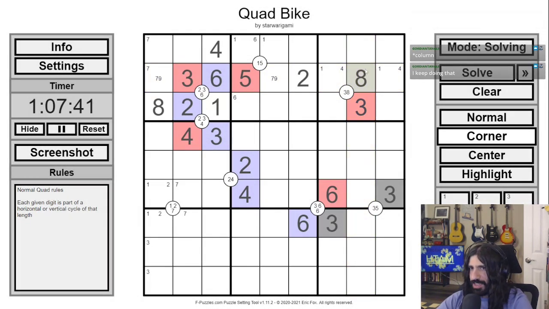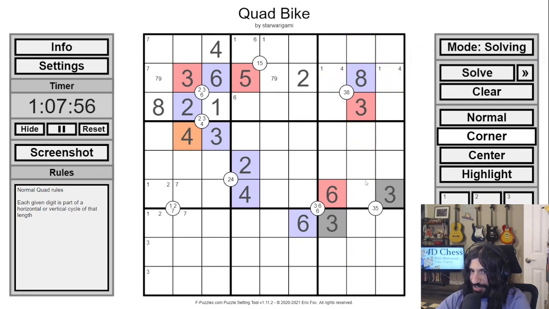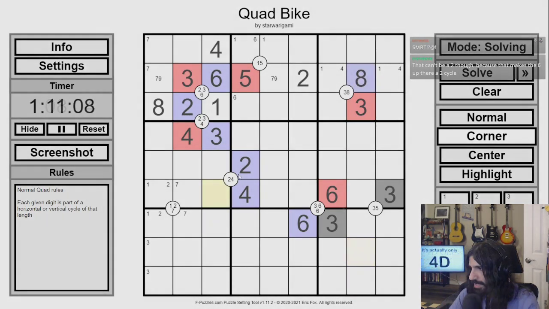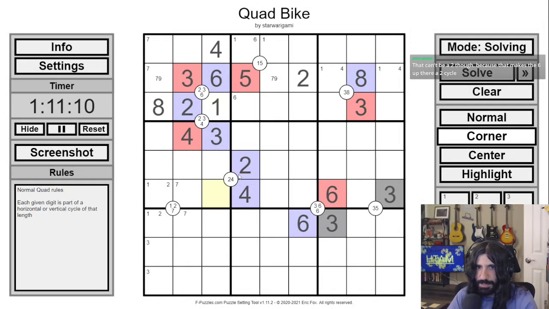In column 8, if there's a vertical cycle of length 8, which means that because this 3 in this column is a self-reference, nothing else can be a self-reference. So in other words, this can't be 1, which we already knew because the 1 is here. This can't be a 4, which we already knew. This can't be a 5. This can't be a 6, which we already knew. This can't be a 7. This can't be 8. This can't be a 9. We already knew this couldn't be an 8, etc. That can't be a 2, though, because it makes the 6 up there a 2 cycle.